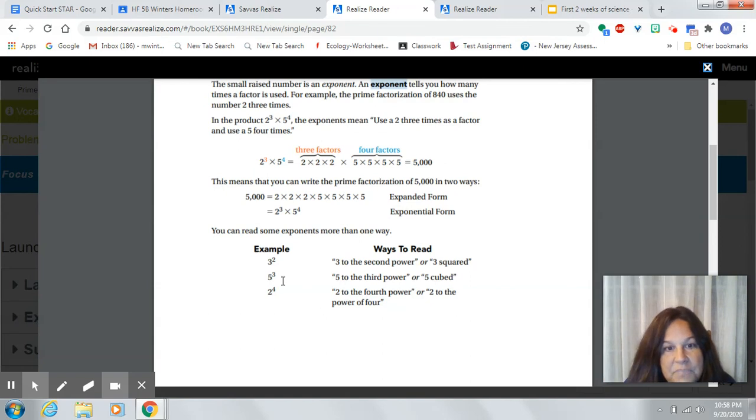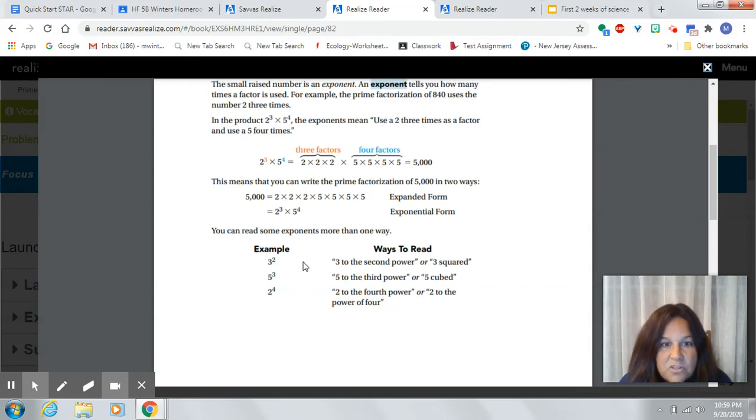So here we've got a 3, right? So we say 5 to the third power, or we could say 5 cubed. You would use this when you are getting the volume. We have not done that yet in our class, but you probably worked on volume last year, where you would call it cubic inches or cubic feet. You could have cubic meters.